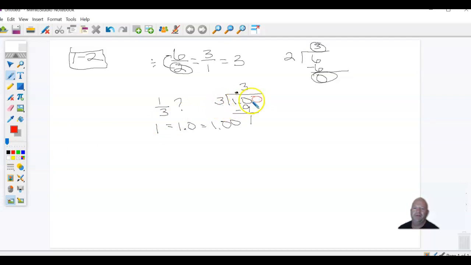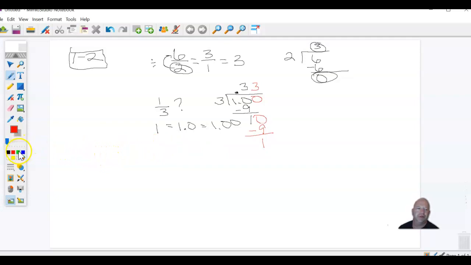So now we're going to bring this 1 down. And we have the same thing, 3 into 10. Well, it was 3 before, so it's going to be 3 again. And 3 times 3 is 9. Opposite of that, and so this will be 1.